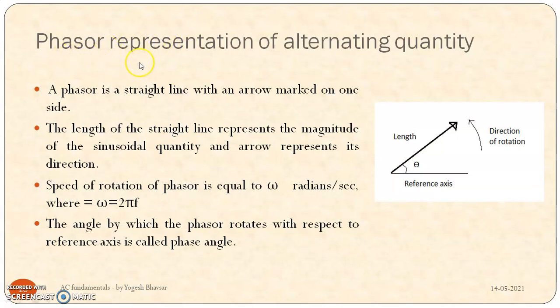Next topic we are going to cover is phasor representation of the alternating quantity. Now we have seen the waveform of the alternating quantity, and with respect to that, the mathematical expression for this waveform. Now we'll denote that waveform in terms of phasor representation, because many times there are so many waveforms for the single frequency on any circuit we have to plot.